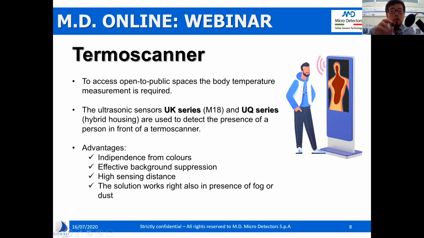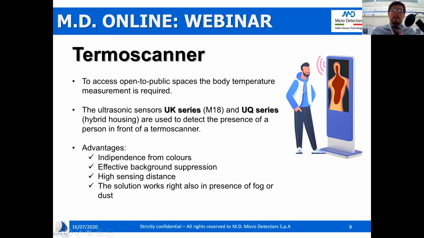This is a tool installed within a totem in the external part of a public space, let's say a restaurant, a bar, a theater, a cinema, and so on, where we are going to measure the temperature of a potential new entrant, a potential user who is going to enter this public space.